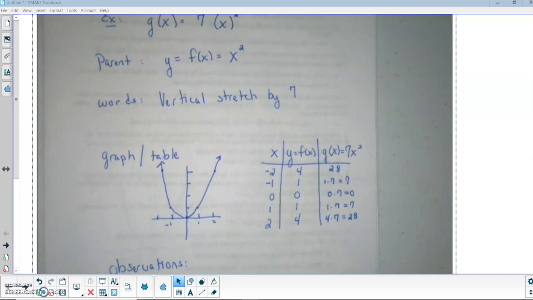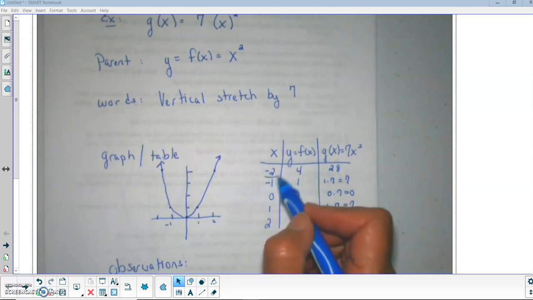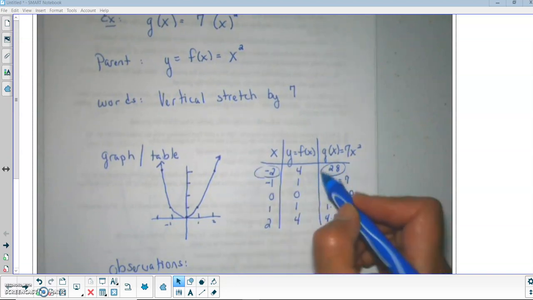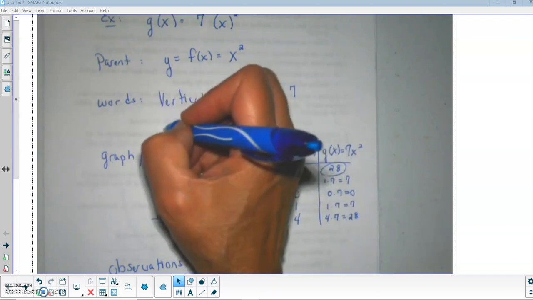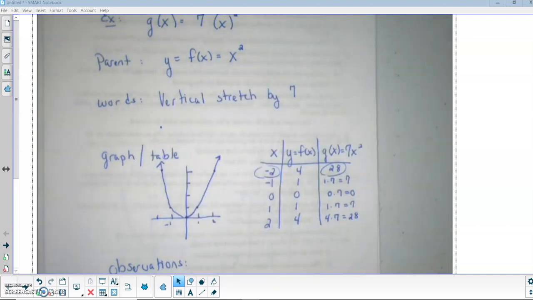If I were to graph these new points, x is negative 2, y is 28, that's way up here off of my grid.